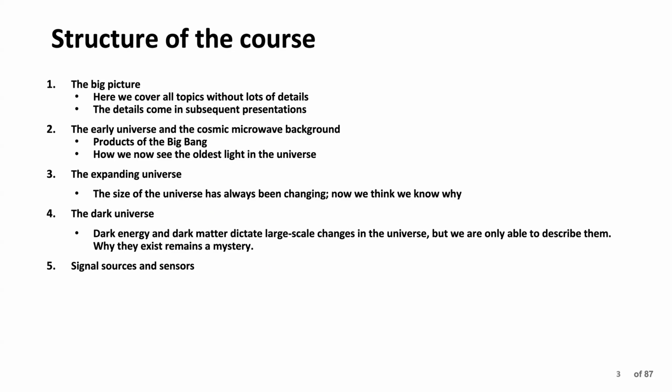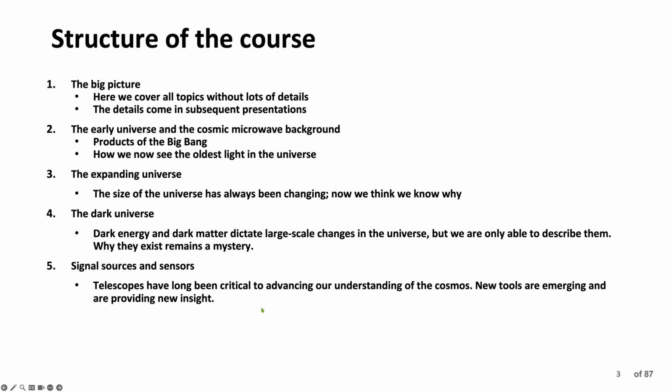We have to rely on other means to see them. The fifth lecture is about the types of signals that we detect using primarily telescopes, but recently the invention of gravitational wave sensors and the use of particle physics, both on the ground and out in space, give us new windows on the universe and its dynamics.